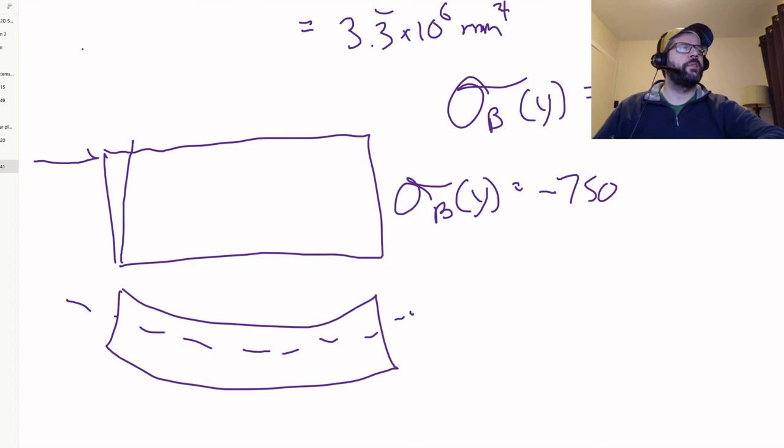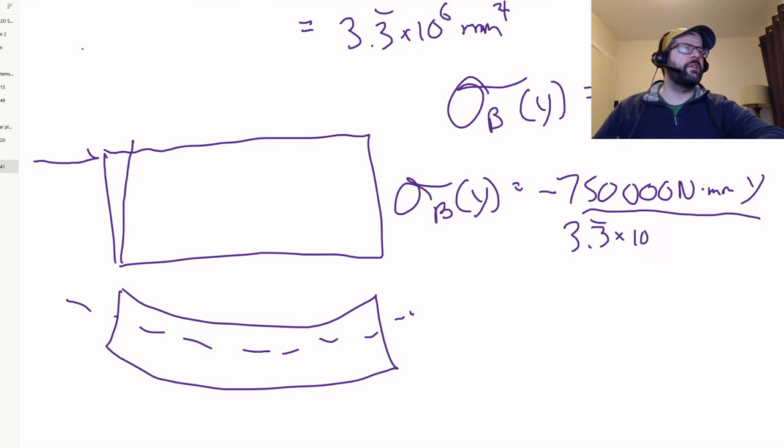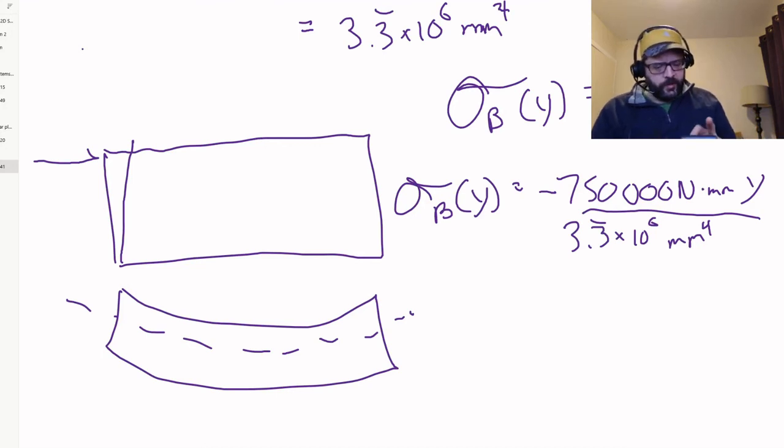So 750 kilonewtons is 750,000 newton millimeters times y all over I, which is 3.3 repeating times 10 to the 6 millimeters to the fourth. So 750,000 divided by 3.3 E6.